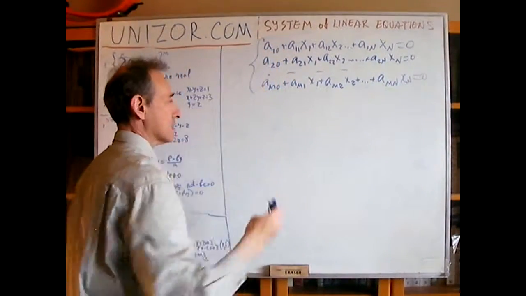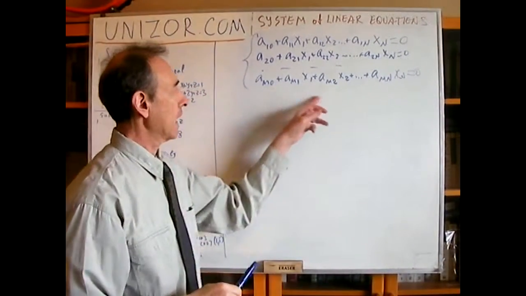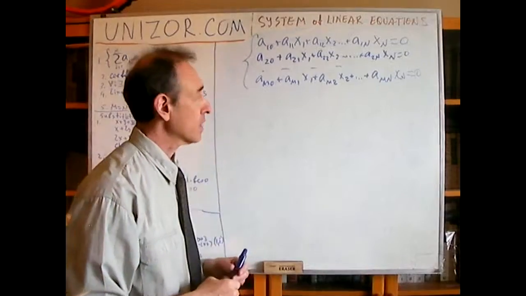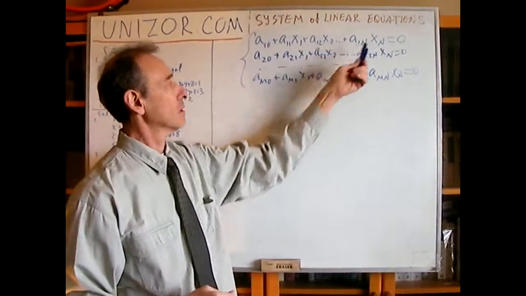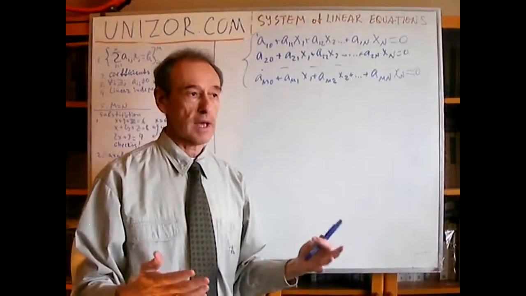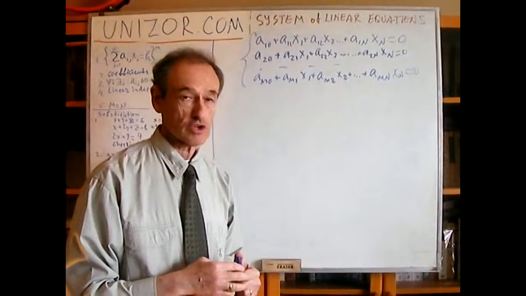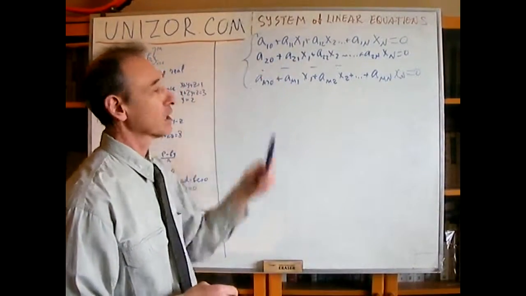So this is a system of m equations with n variables, x1, etc., xn, and every equation is a linear function. Linear means every variable is just by itself, without any additional manipulation, just multiplied by some constant. And there is one free constant.